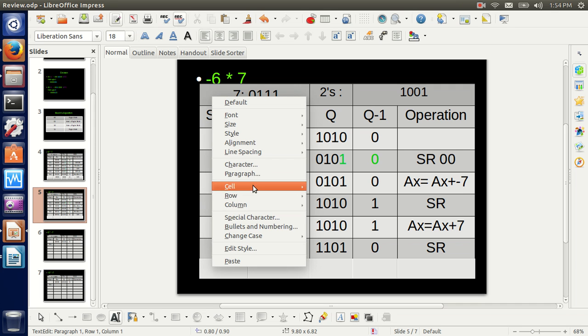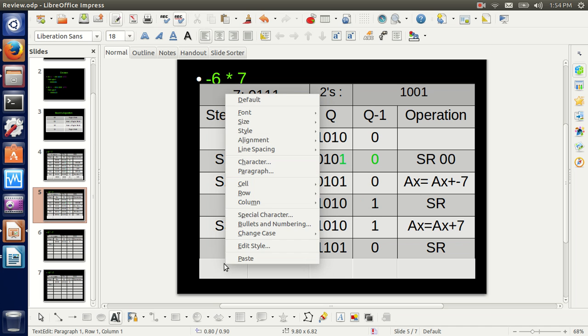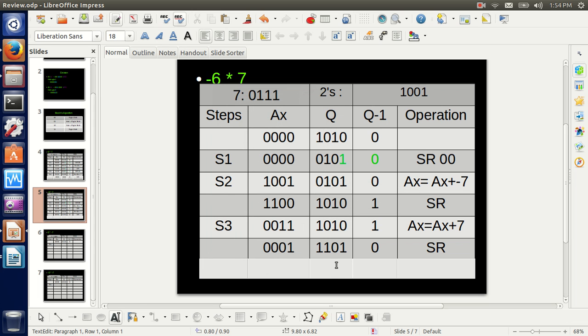Let's add a row. I need to subtract and do well. No, let me add a row even. No, I have to add a row.